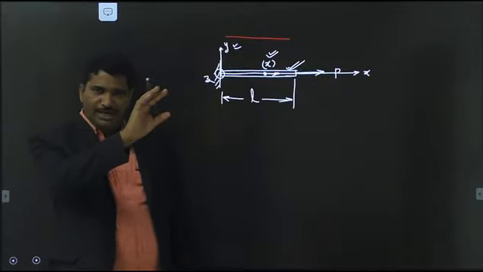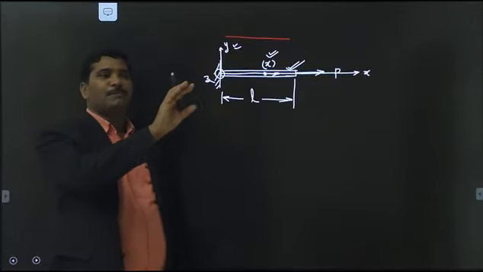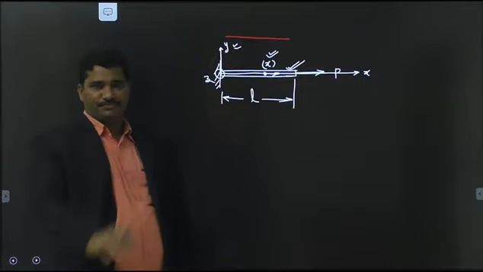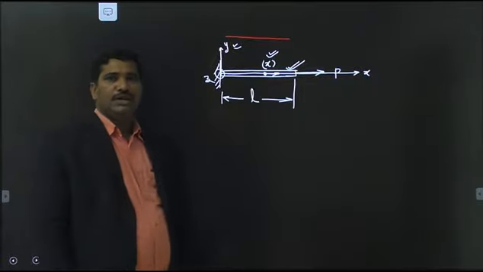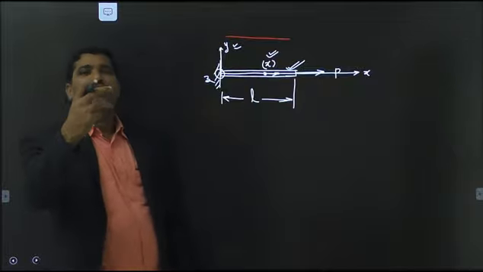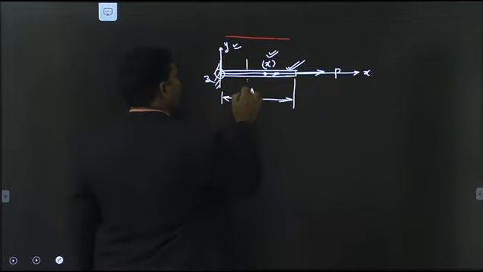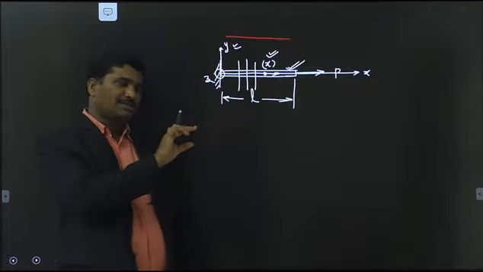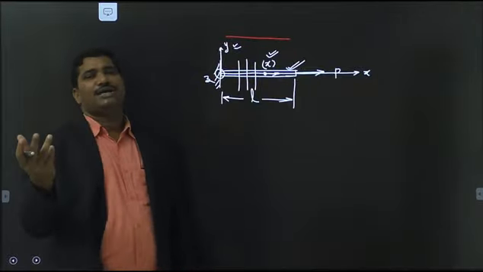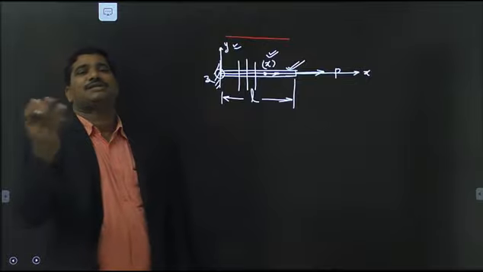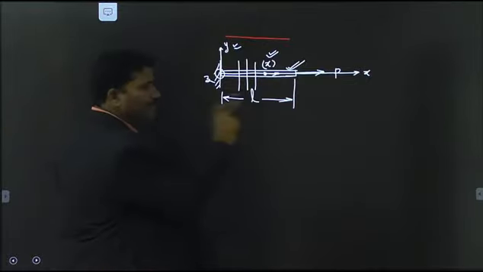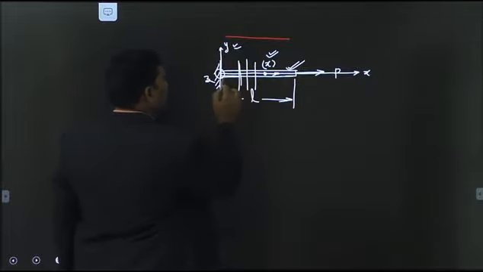What does the domain represent here? Simply the body of the bar. It is a bar having uniform cross-section. Cross-section is the same everywhere throughout the length, so the cross-section area is constant. What is variable here? Only length.